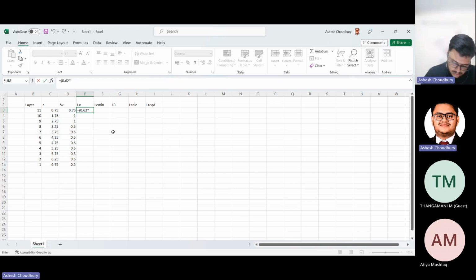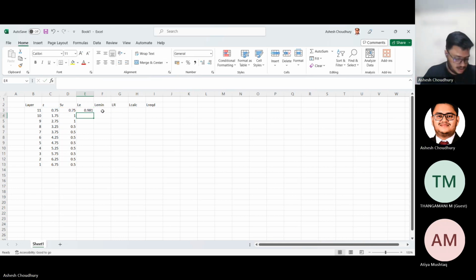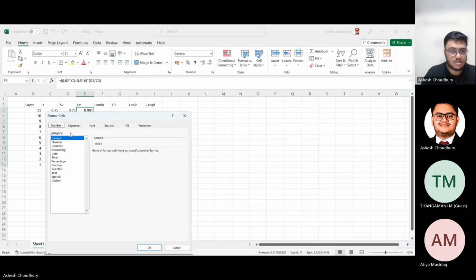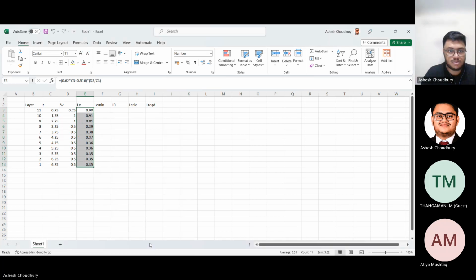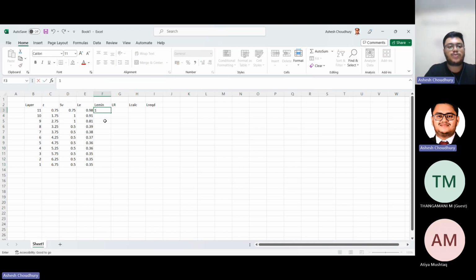So 0.62, 7. This we have LE. Now, what is LE minimum? Minimum we have to provide 1 meter, right? Minimum we have to provide 1 meter.